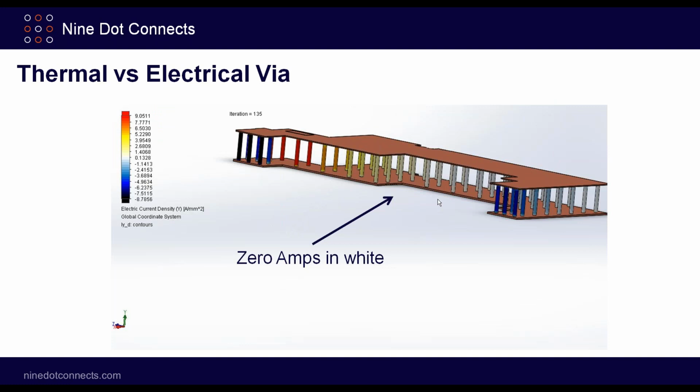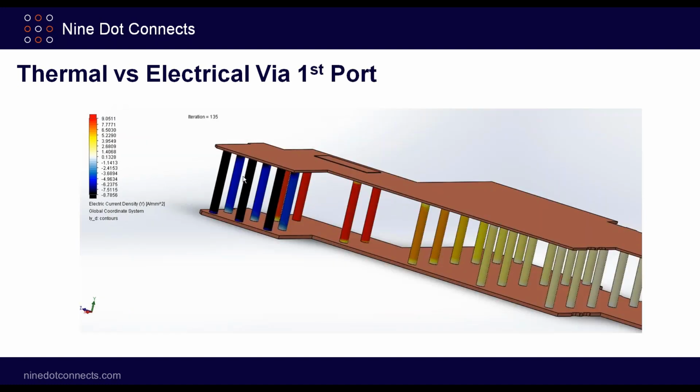Something else, when you're looking at the design, we talked about, I said thermal versus electrical. And I've set this scale where white is essentially 0 in the middle, and current flow in one direction, we have around 9 amps per square millimeter, and then minus 8.7. So I'm going to zoom in a little bit here.